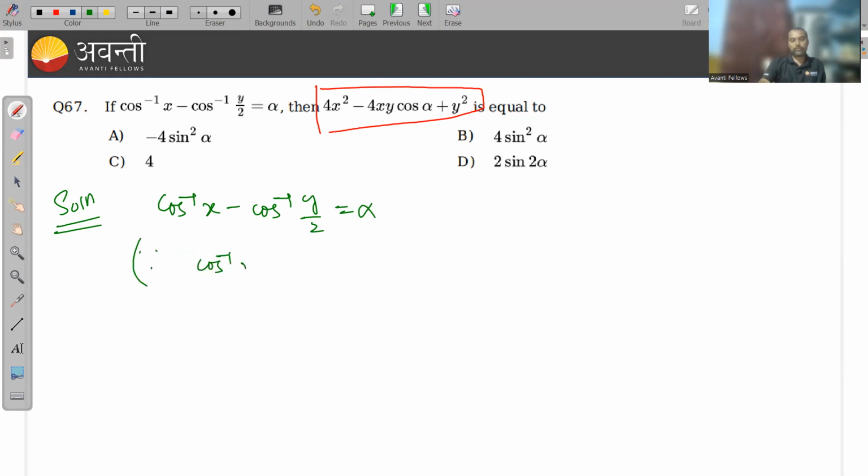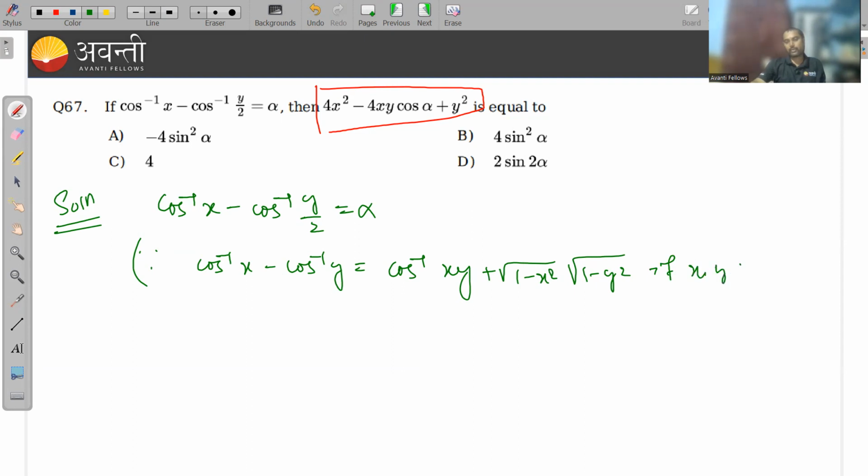Cos inverse of x minus cos inverse of y is equal to cos inverse of xy plus root of 1 minus x square into root of 1 minus y square, when xy is greater than 0 and x square plus y square is also greater than 1. So this is the formula, है ना?